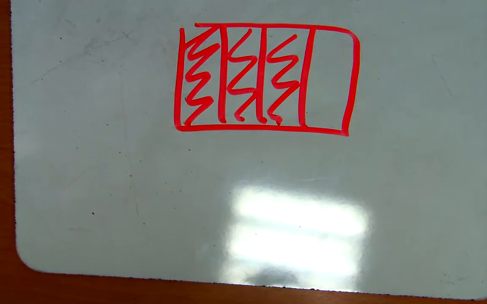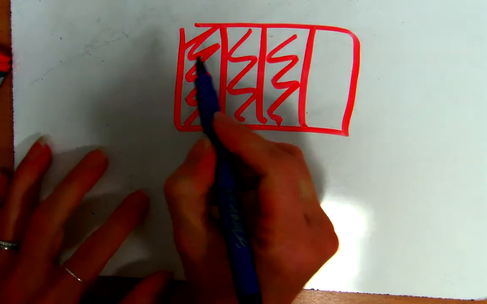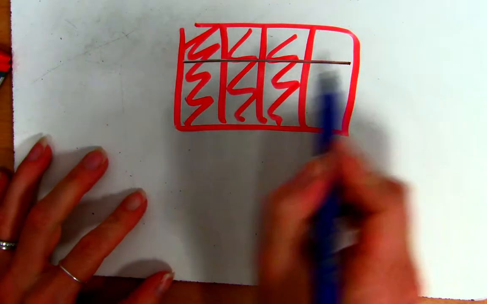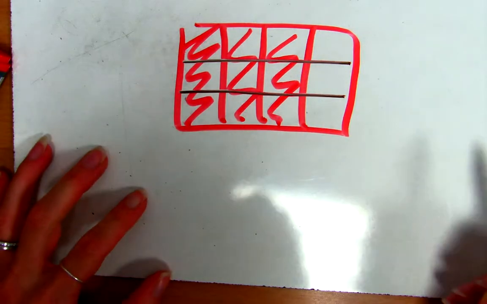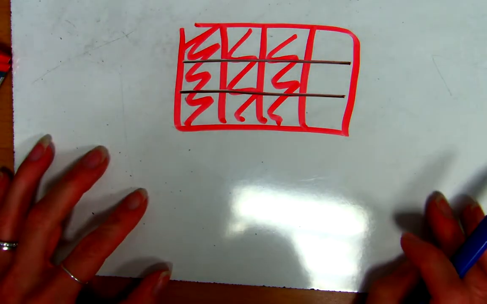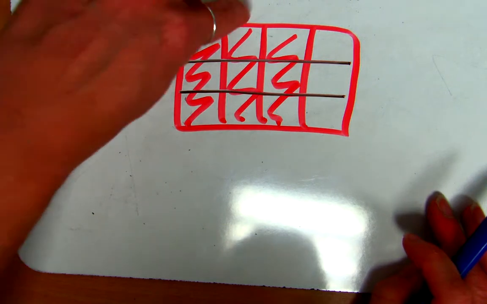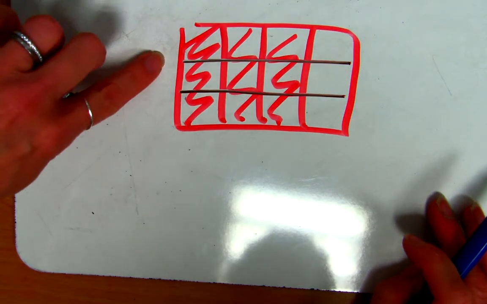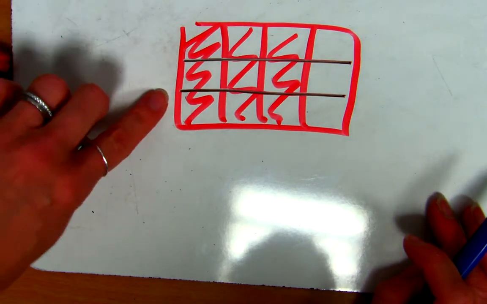But you can also choose to split it this way into thirds. So now I have split those 3/4 into thirds. So here was 1, 2, 3/4, and here's 1, 2, 3 pieces, or 1, 2, 3 thirds.